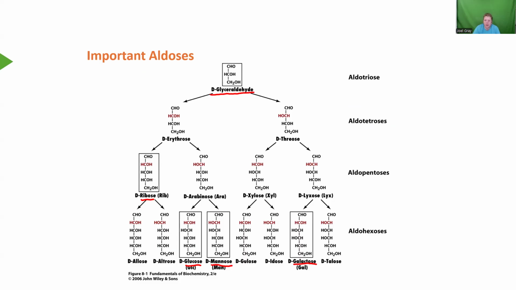Now, these are all aldoses. Sometimes I'm going to redraw D-glyceraldehyde or glyceraldehyde here. It looks like this. Sometimes what people will do is draw CHO, and what they really mean is this right here, C, and then that aldehyde functional group.